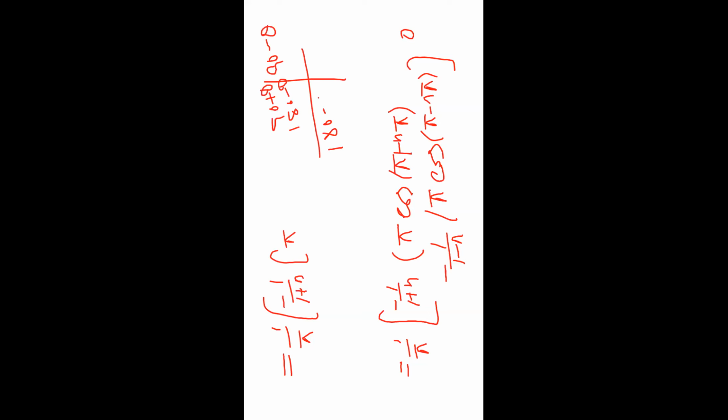So all sin, tan, cos, 270 plus theta. 180 minus theta and 180 plus theta, this is the third coordinate.